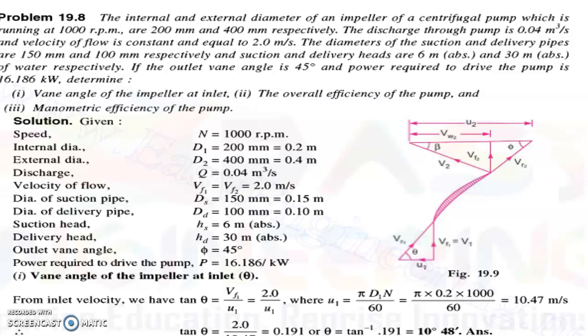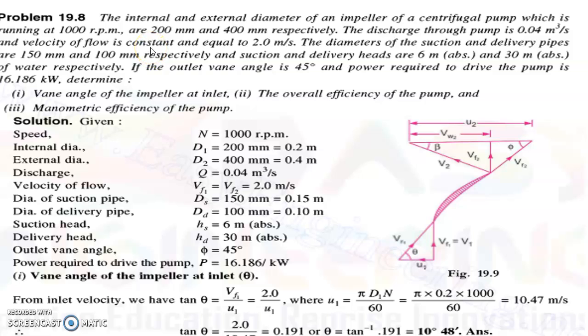The diameter of the impeller of the centrifugal pump is given, and simultaneously we can see that the speed is also given, that is in RPM. So this is D1, this is D2 and this is capital N, that is speed. Then discharge, that is capital Q, is given in the problem, 0.04 meter cube per second, and velocity of flow is constant.